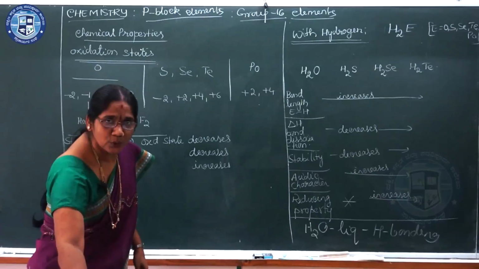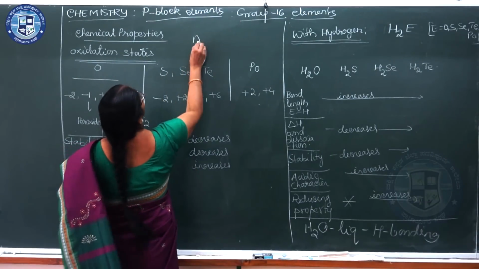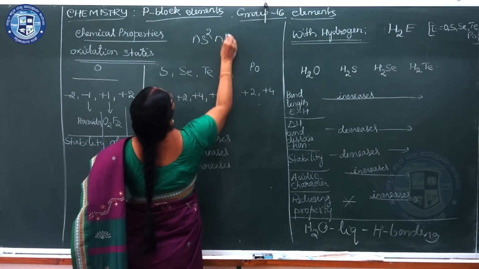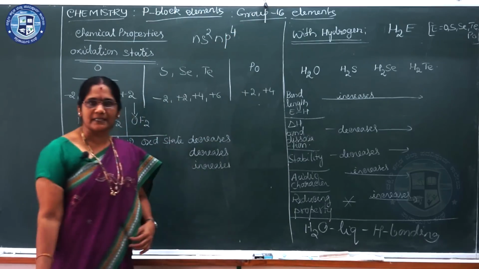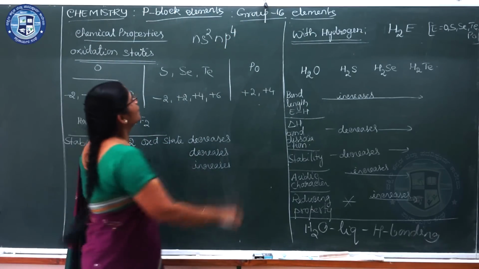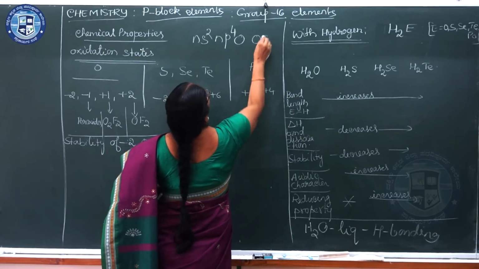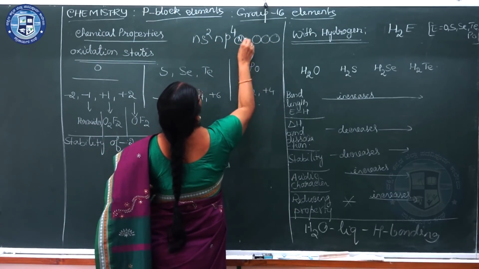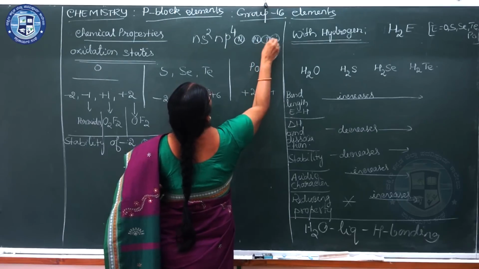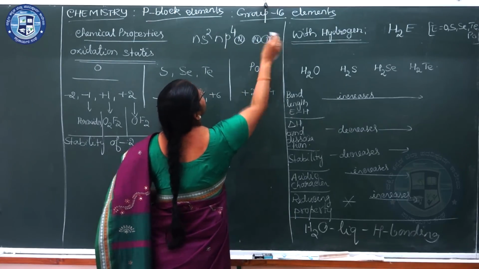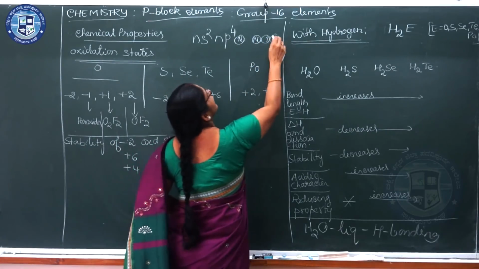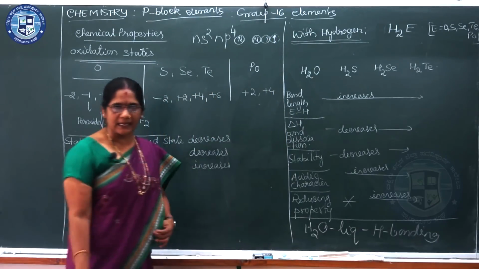Oxidation states, as you know, group 16 elements have ns2 np4 configuration in the valence shell. So, there are two lone pairs, one in S orbital and one in P orbital, and there are two unpaired electrons in its valence shell.